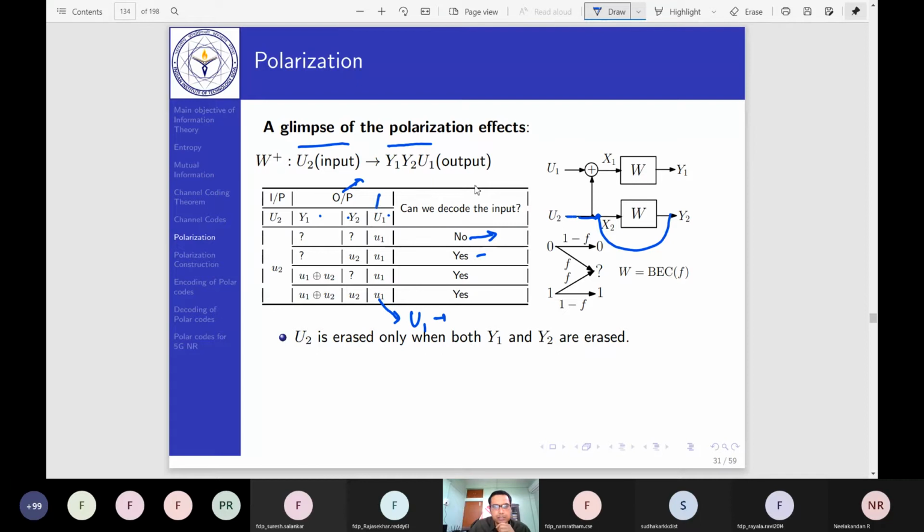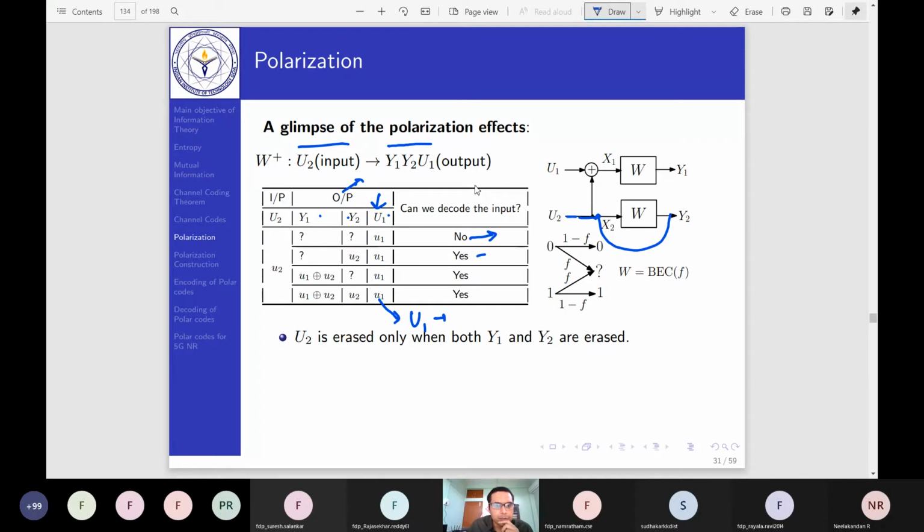That's why this column doesn't contain any erasure symbol. This polar code is inherently serial, and there is a problem of error propagation. If the first bit is not decoded correctly, then the second bit and the subsequent bits will also get influenced by that erroneous decision made previously for the earlier bit.